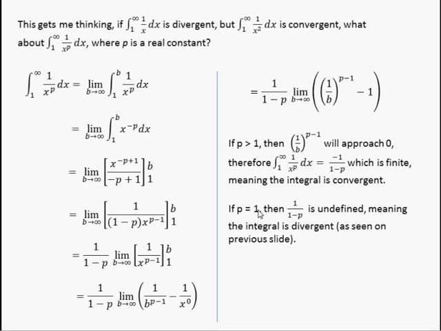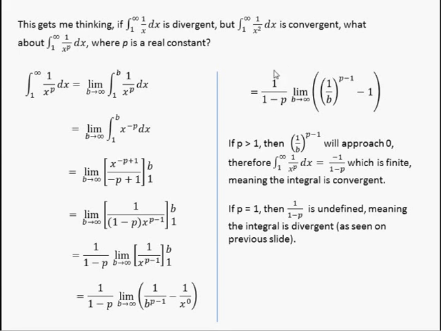If p equals 1, then you've got 1 over x, so we know it's going to be divergent from the last slide, but it is because you've got a power of 0 here, so you won't have any b's, and that's a minus 1, but you'll have 1 minus 1.